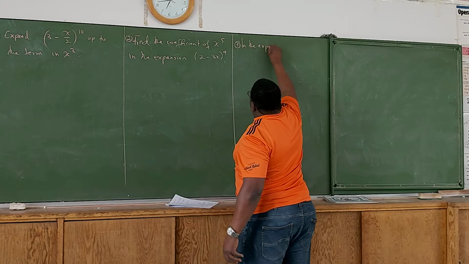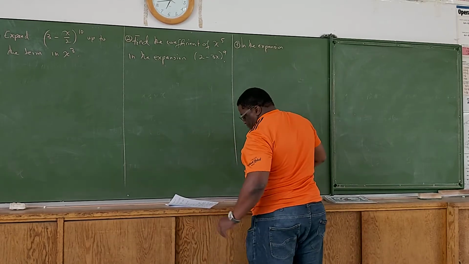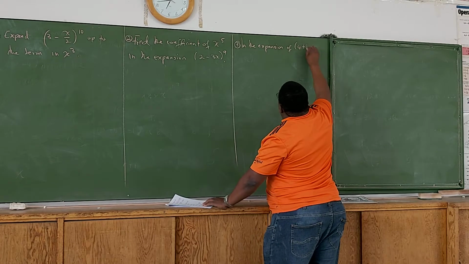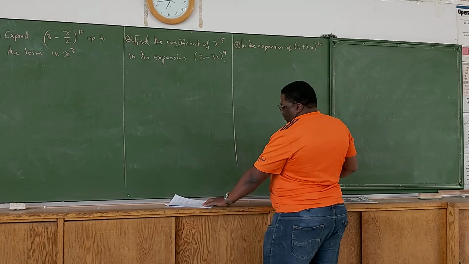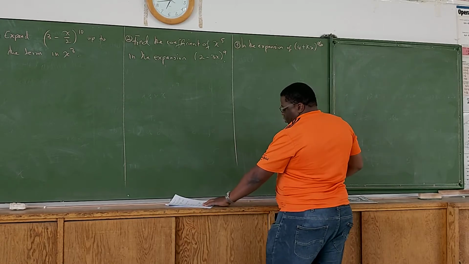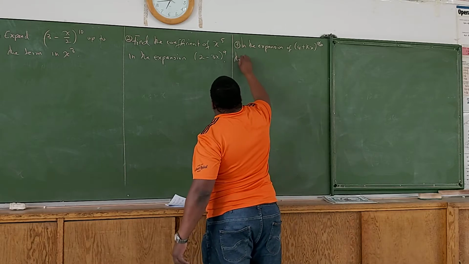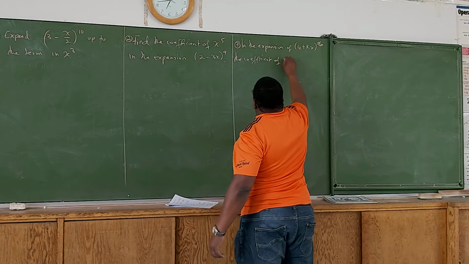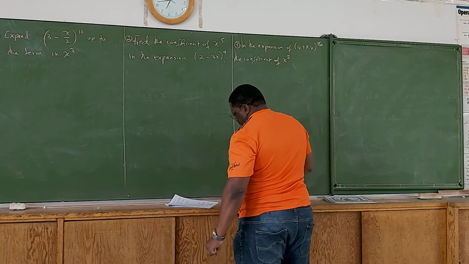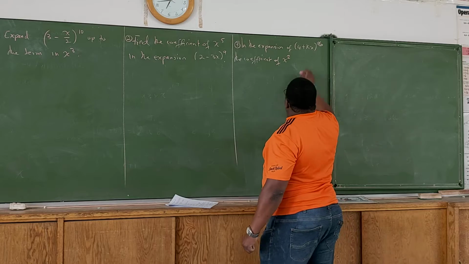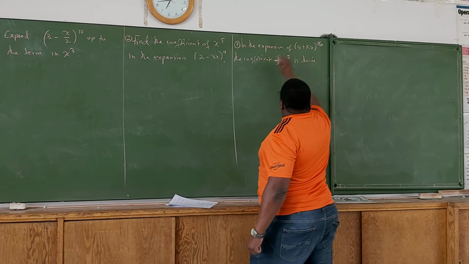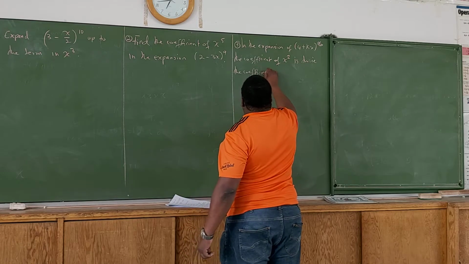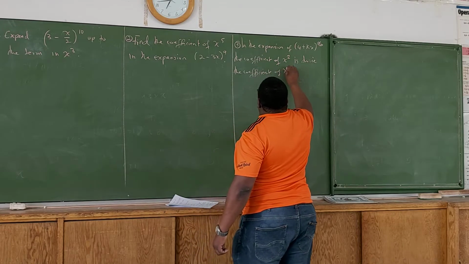In the expansion of the quantity 4 plus kx raised to the power of 6, the coefficient of x squared is twice the coefficient of x cubed.